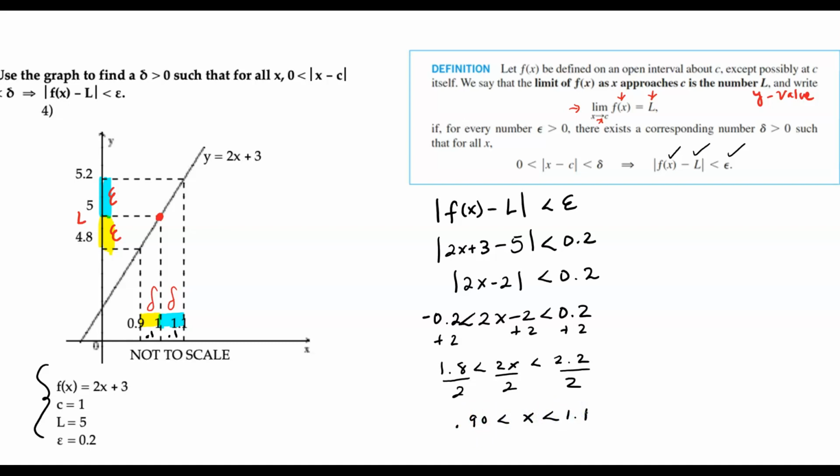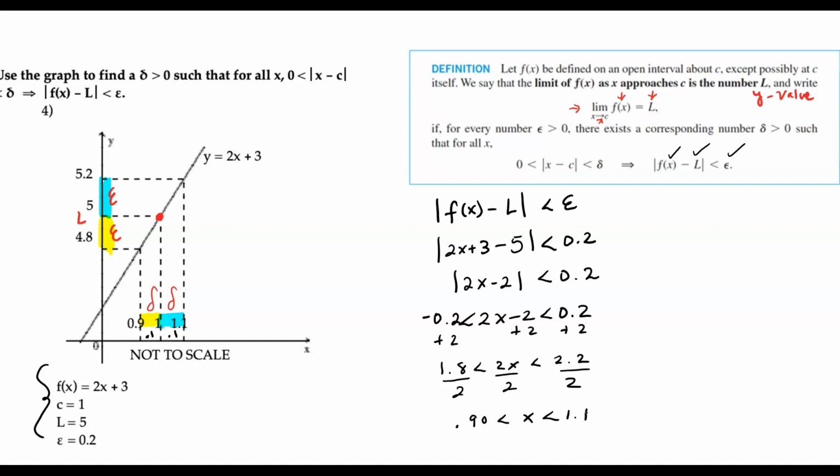So what they're telling us is if we want to be within 0.2 units of y away from the limit, we need to pick x values that are between 0.9 and 1.1. If you want the limit to be 5, you're going to have to pick x values between 0.9 and 1.1.